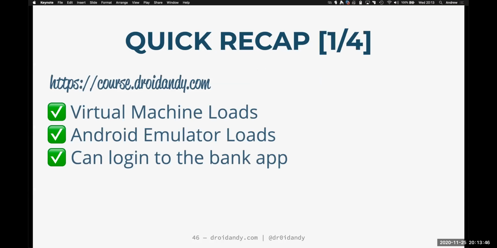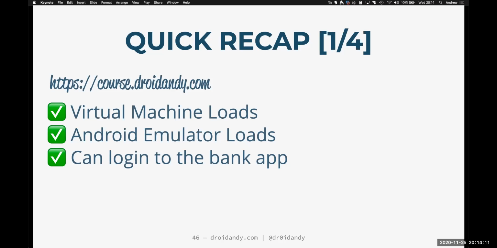A small recap: my previous slides are on my website, if anyone wants to pick those up, course.dreadendy.com, just a PDF, and I've enhanced those. I've put some screenshots in that weren't in the slides that I went through last time, and tried to include some videos in the Slack channel as well to give some visual guidelines around how to hack and set up the Android application, because unfortunately I couldn't share my VM last time.